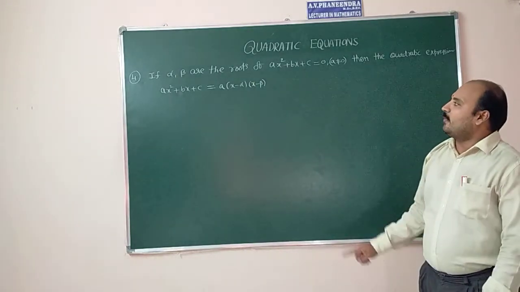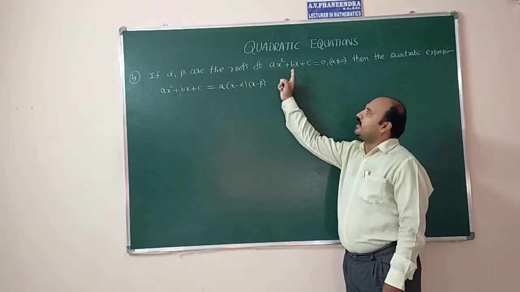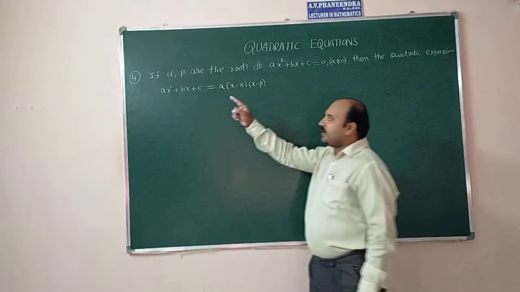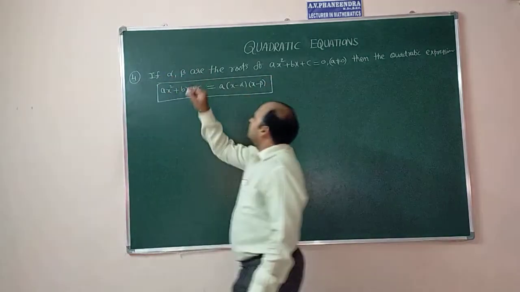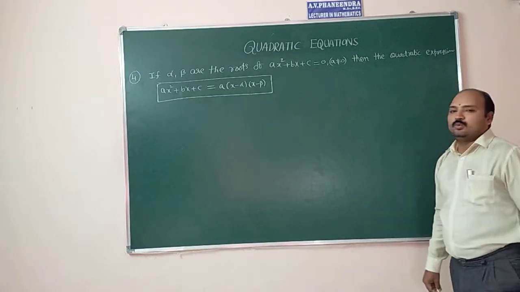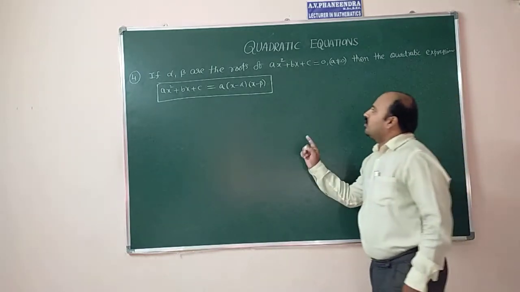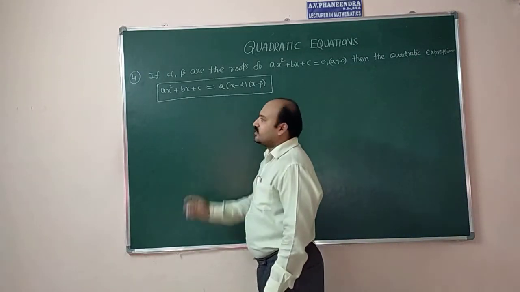So whenever alpha beta are the roots of this quadratic equation, the quadratic expression we can express in this way: ax square plus bx plus c equal to a into x minus alpha into x minus beta.